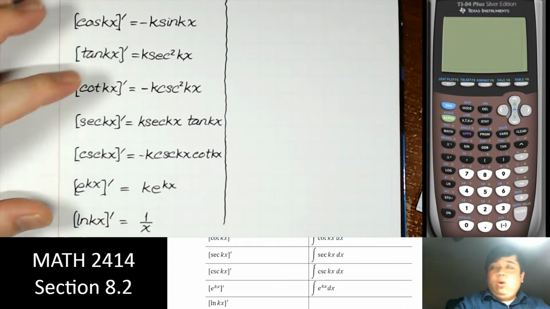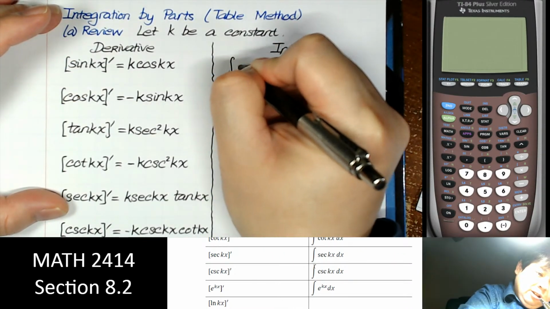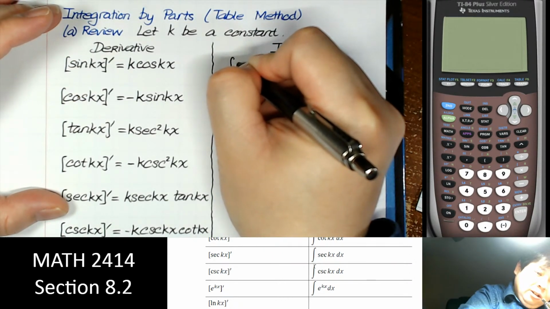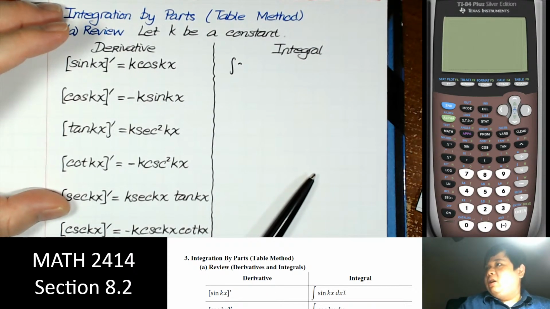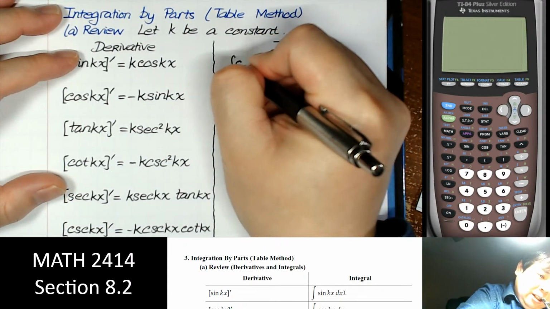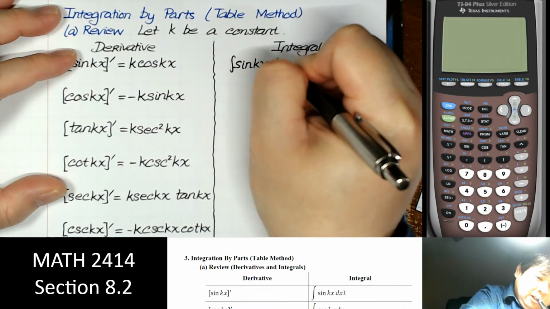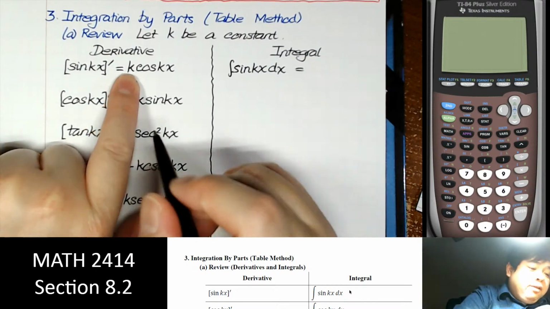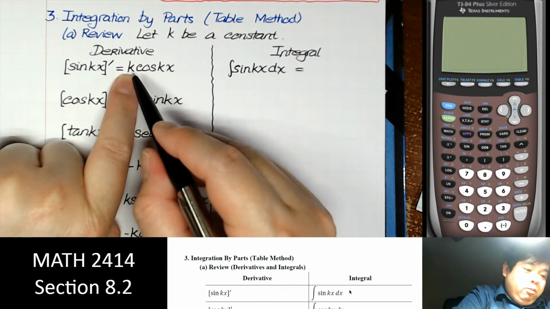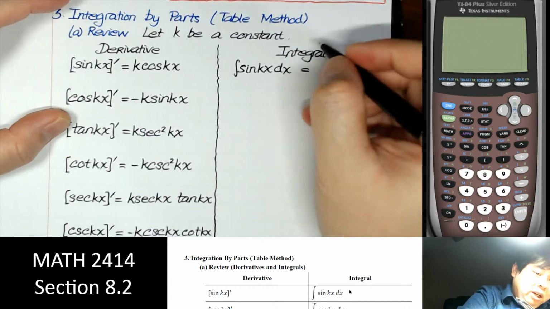Right. Now we'll go to integrals. Integral of sine of kx dx. Now, if when we take the derivative we multiply, in the antiderivative or the integral, it will be divided.